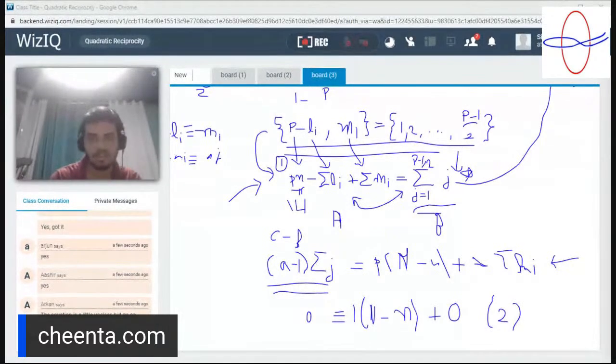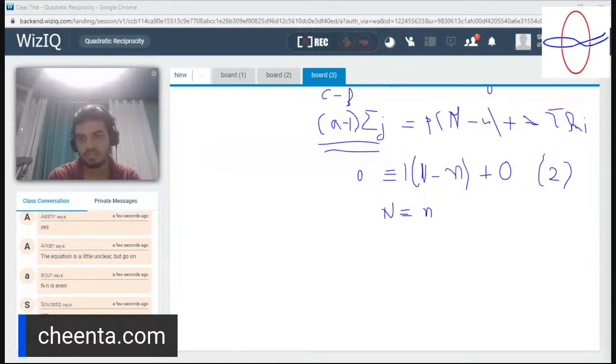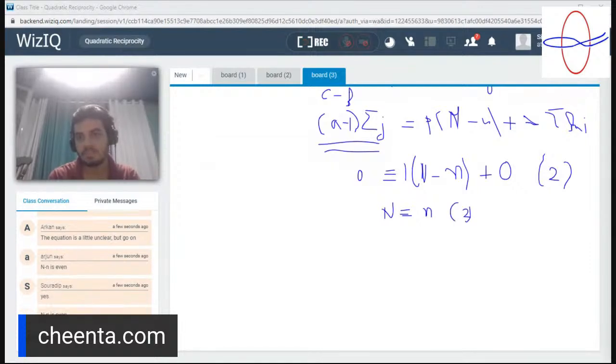Right? Which basically tells us that capital N is congruent to small n mod 2, which means that minus 1 raised to capital N is the same as minus 1 raised to small n.